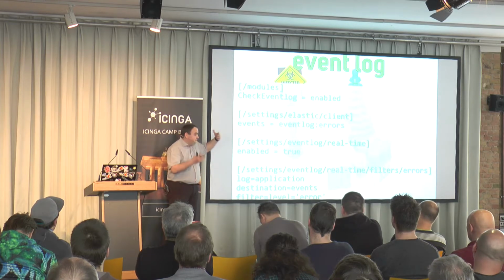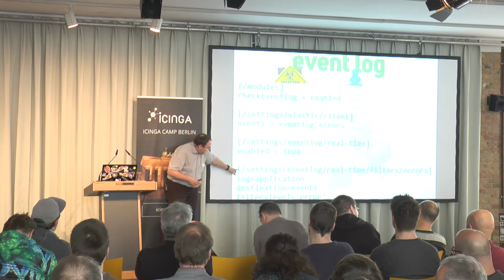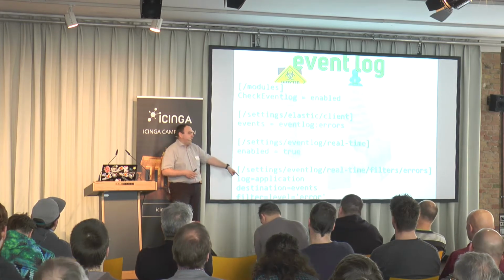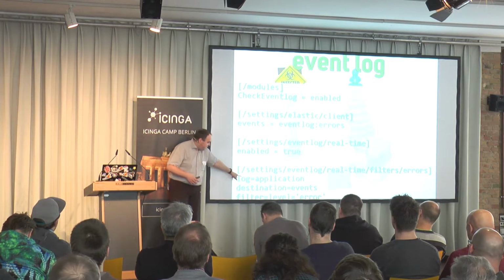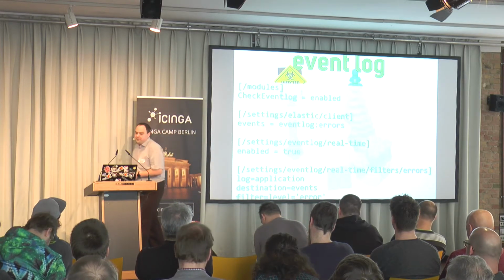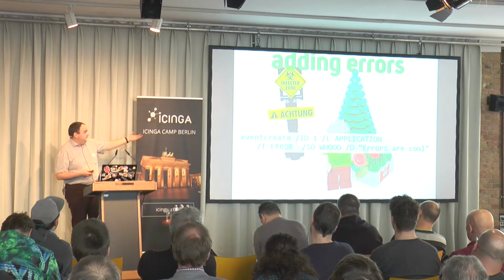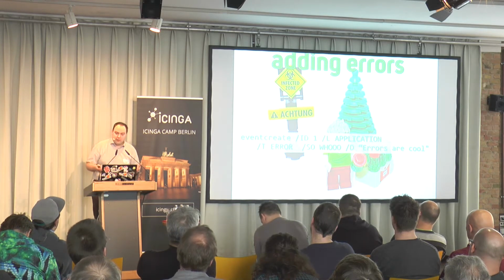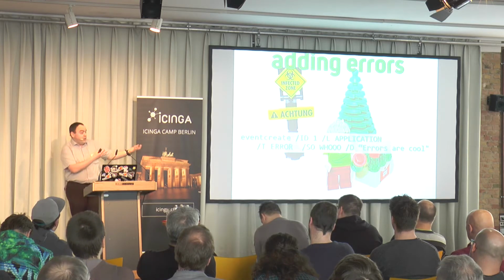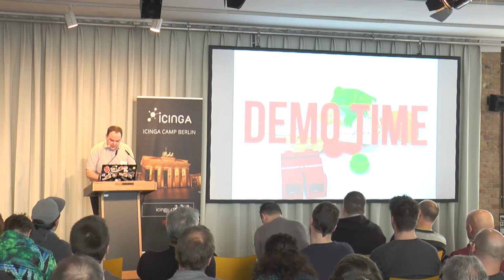It doesn't really need to be there, but it's required. And then we need to set up the messages we're going to capture. In this case, it's the application log, and we're going to capture everything that is an error and send it down as an event. Then to try this out, we can create some events in our event log, and just to see them going to our Elastic server. So let's see if we succeed in this.